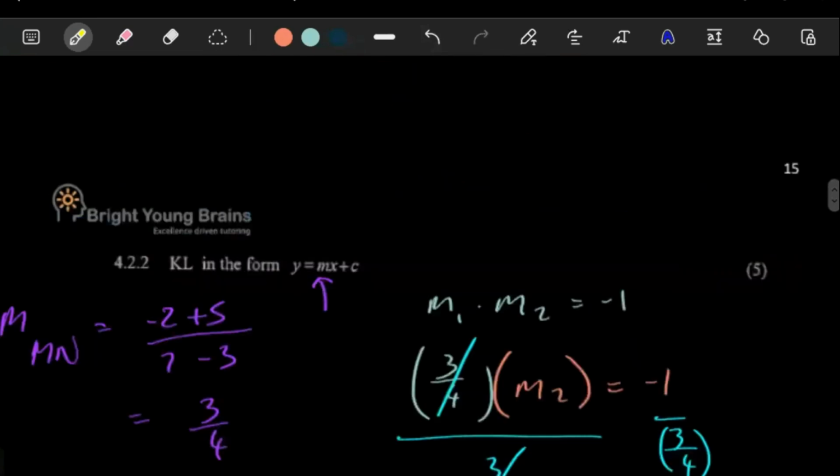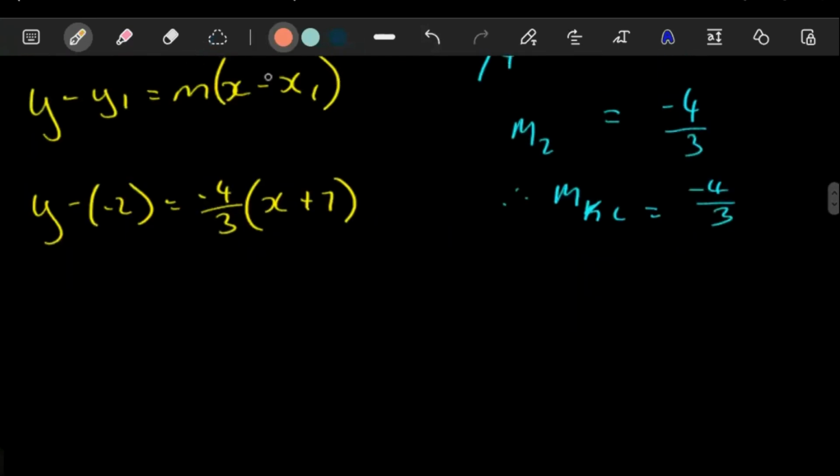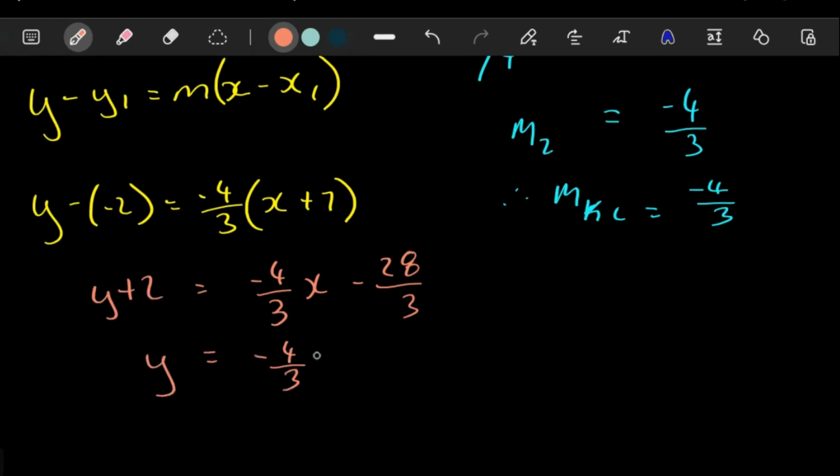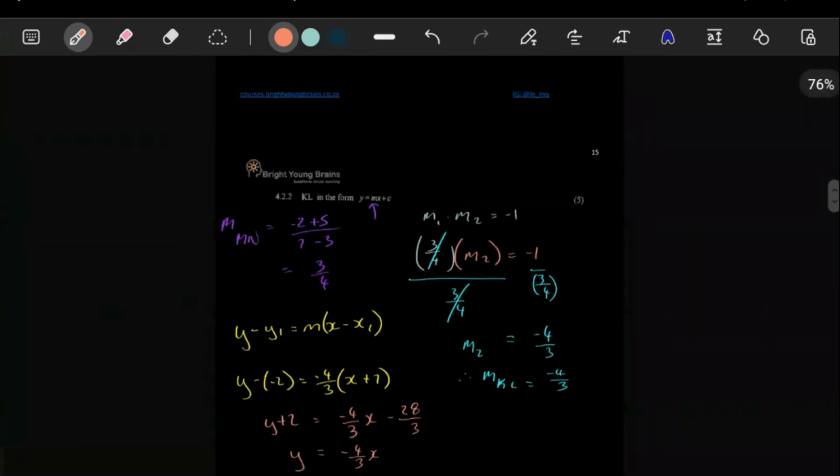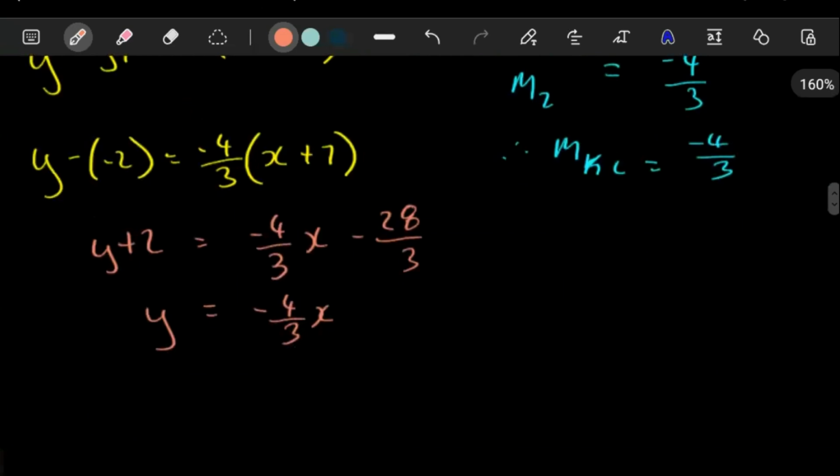Yeah. And then if you multiply inside, that's -4/3x, and then here it's -28/3, and then y plus 2. Take everything to one side. What are you going to get here? -28 minus the 2.